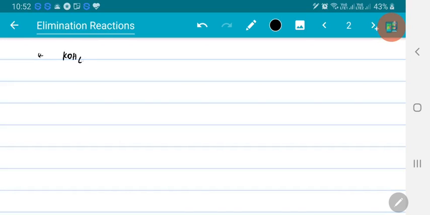So if you take aqueous KOH, aqueous KOH generally forms SN1 product, right? So at low temperatures, if I take aqueous KOH, it leads to SN1 product.